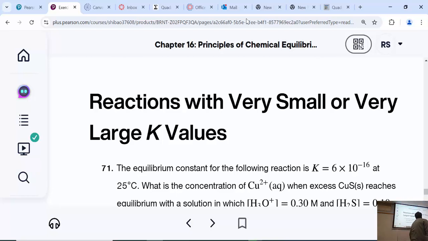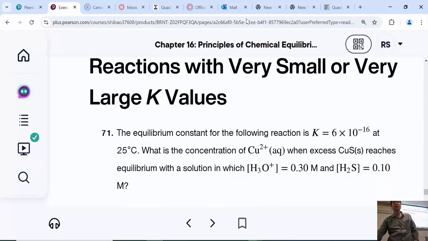So when we look at this one, the K value is 10 to the minus 16. That means it's heavily favored towards the reactants, a very small ratio. When it's heavily favored towards reactants, we think about a couple of things.